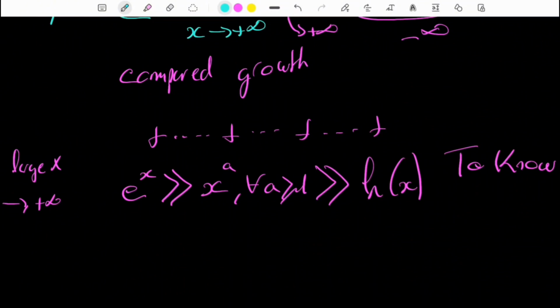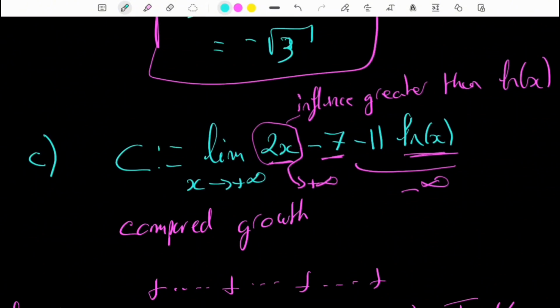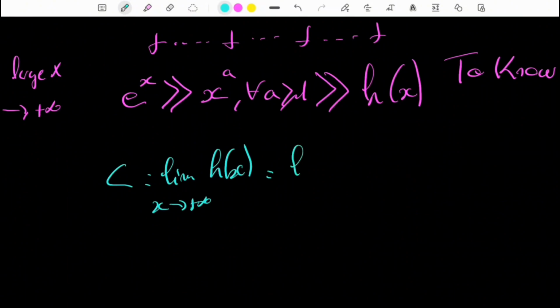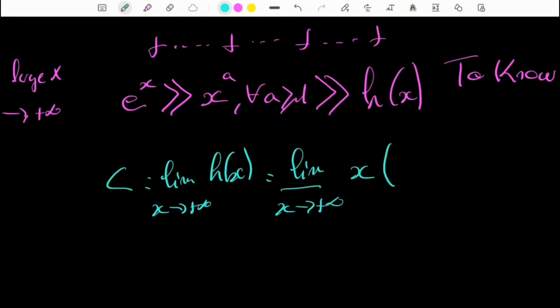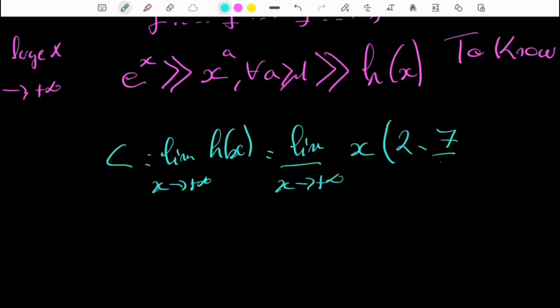Okay, so if you want to justify it, you just say that c is equal to the limit of h of x when x tends to plus infinity, h of x being this big thing, so it is equal to the limit when x tends to plus infinity of x times 2 minus 7 over x plus 7 over x minus 11 ln of x over x, because I factorize the whole thing.